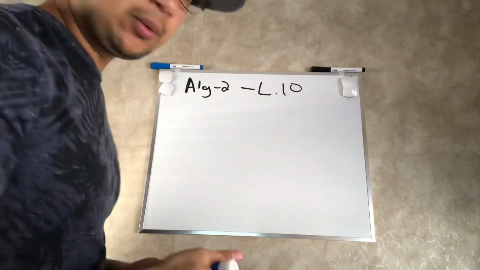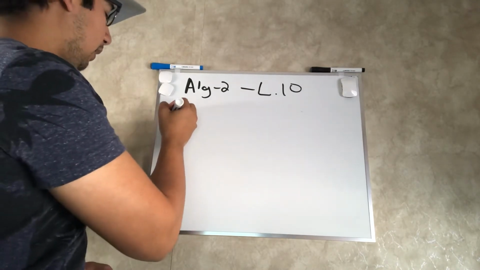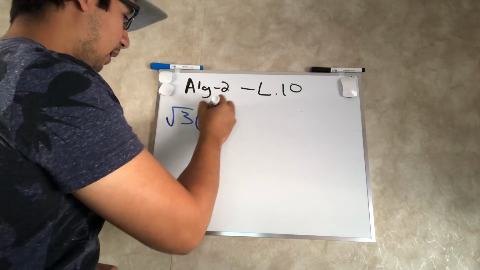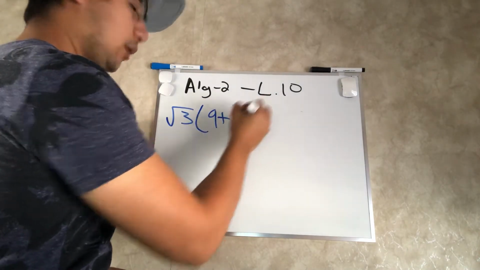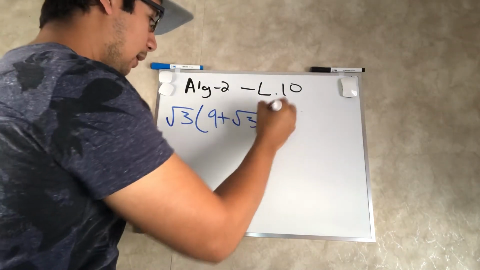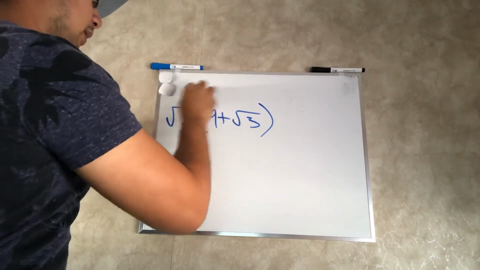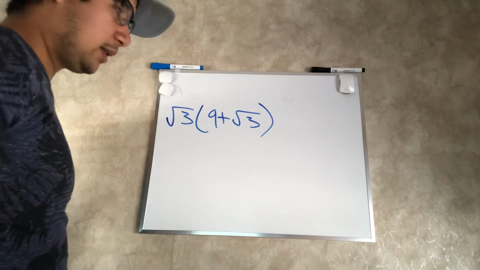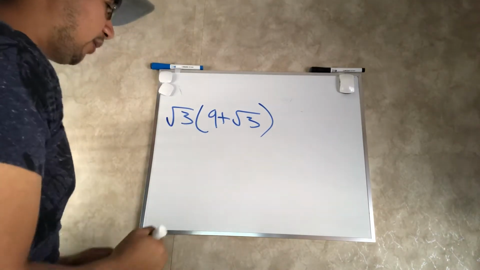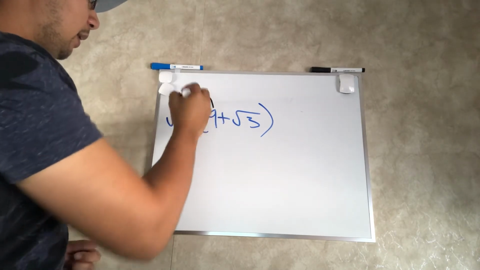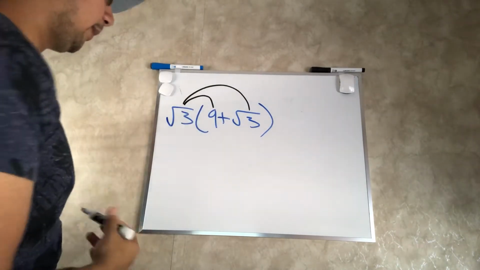One of the examples I have here in IXL is the square root of 3 times 9 plus the square root of 3. It's asking you to simplify it. All we're going to do is, just like you would multiply this expression, use the distributive property. So square root of 3 times 9, then square root of 3 times square root of 3.